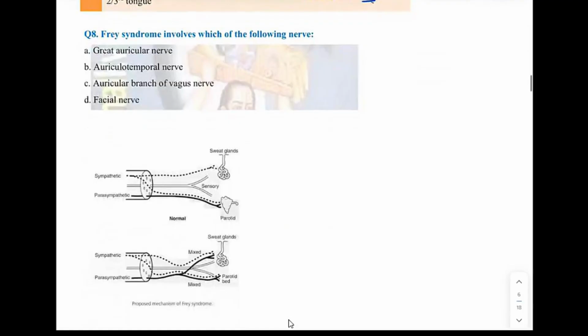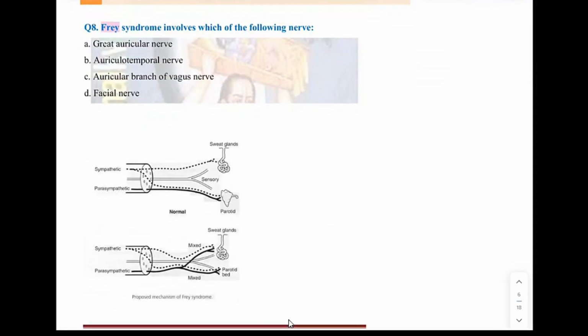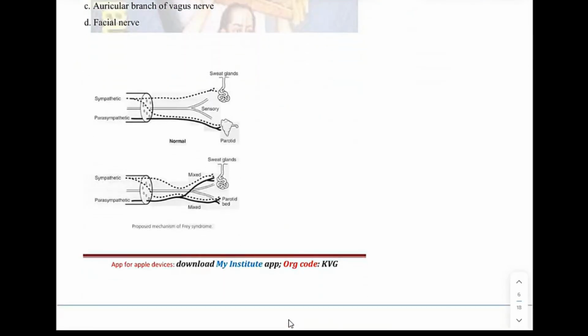Then Frey syndrome, very beautiful concept involving the injury to the auriculotemporal nerve. Now, normally what happens in the auriculotemporal nerve, we have two fibers, the parasympathetic, which is going to the parotid, and the sympathetic, which is going to the sweat glands, right?